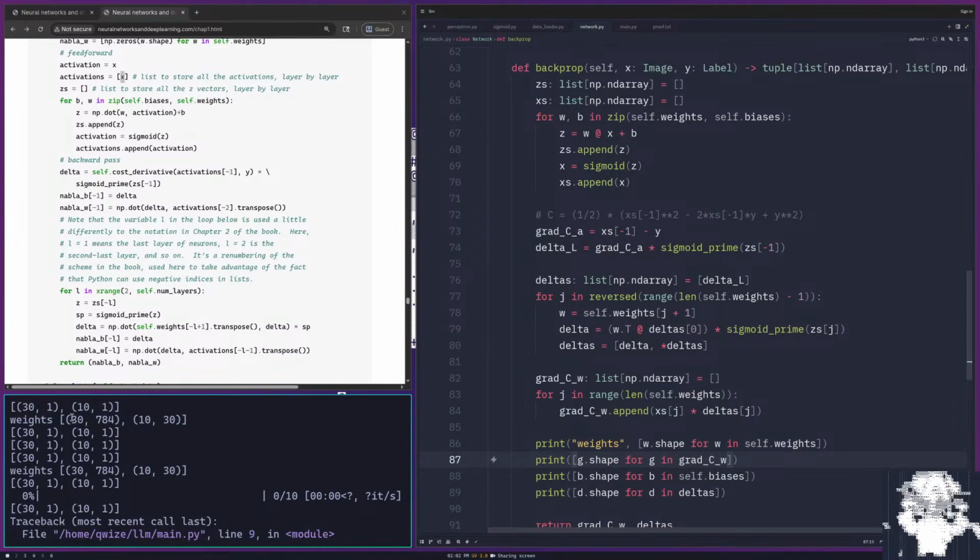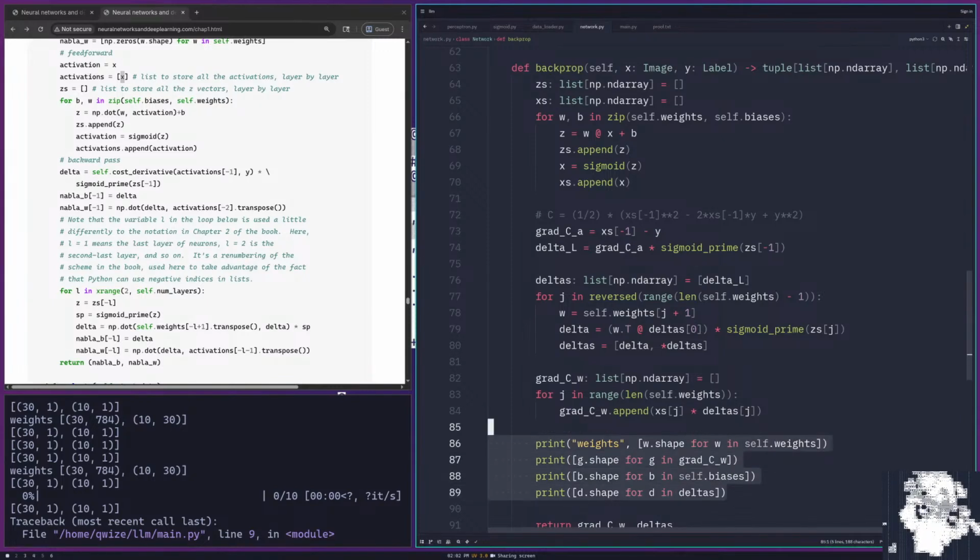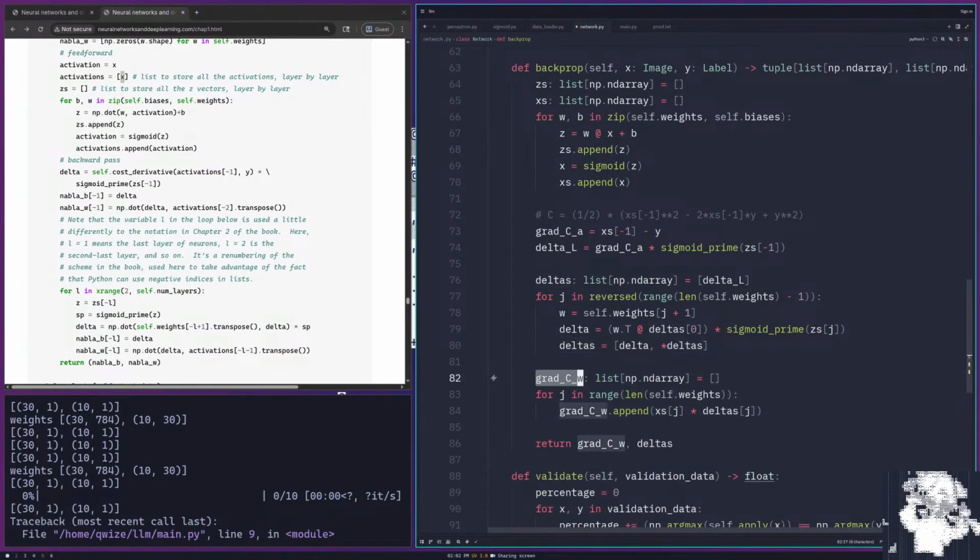Yeah, because these are the matrix sizes of the weights. My grads should be the same shapes as my weights, because I'm going to use them to modify my weights. So this is wrong. I'm not getting the right answer for this guy. I am getting vectors, but I should be getting matrices.